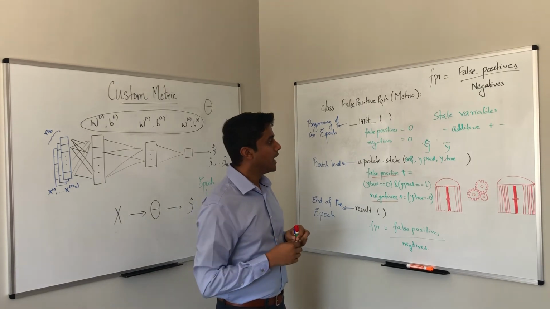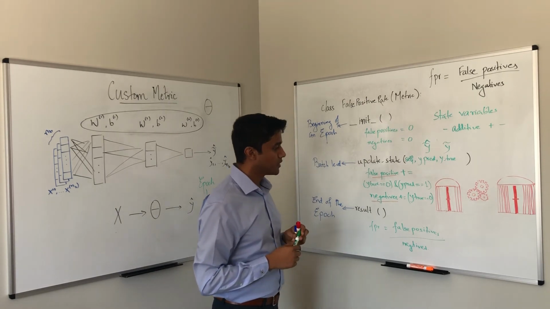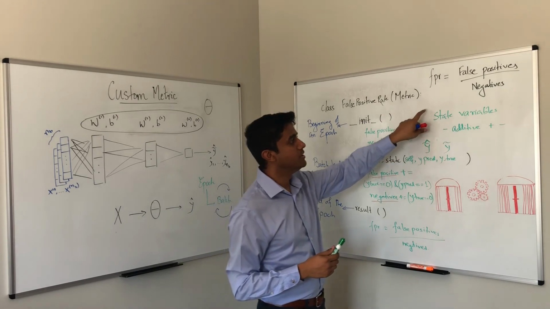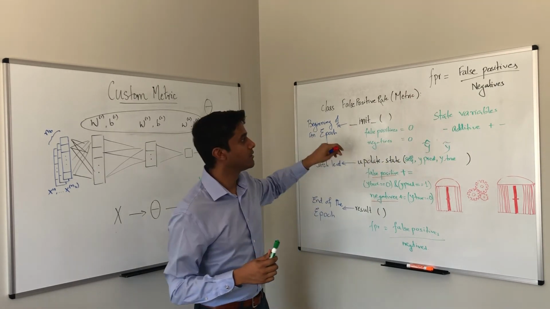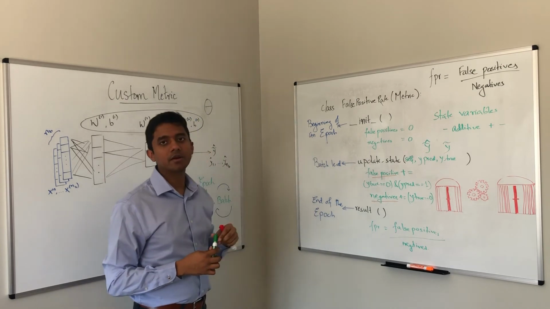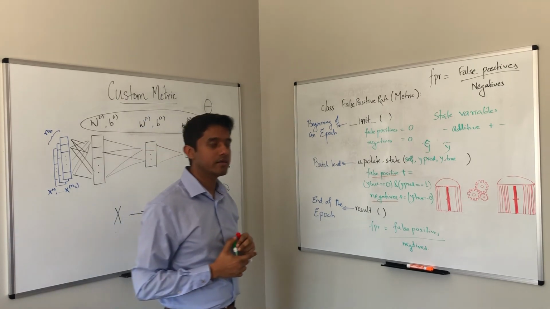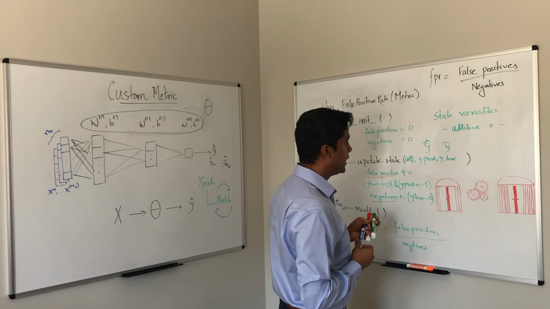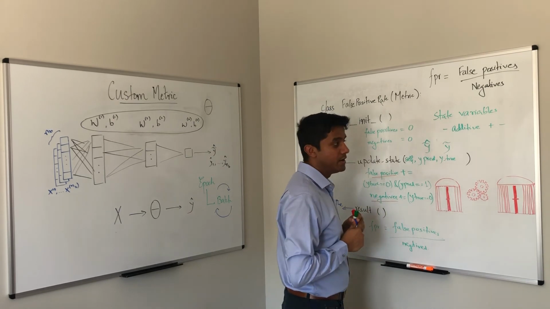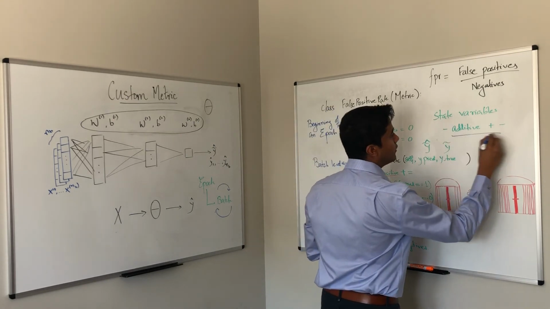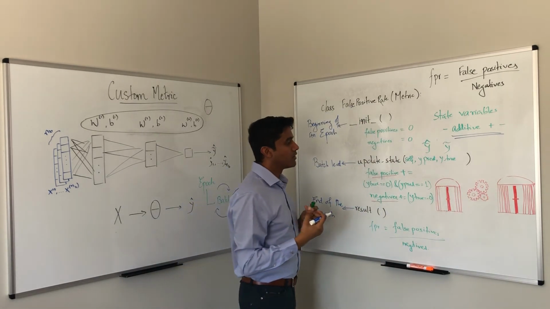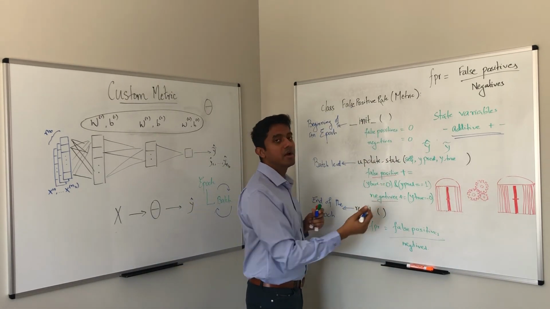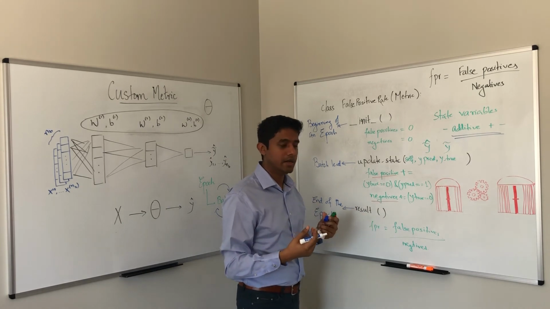And the answer to that goes back to the initial statement that I said, that in making a custom metric, the first requirement is to identify a state variable or state variables which are additive, which you can increment or decrement, because in the update state you only want to put something that is additive in nature.